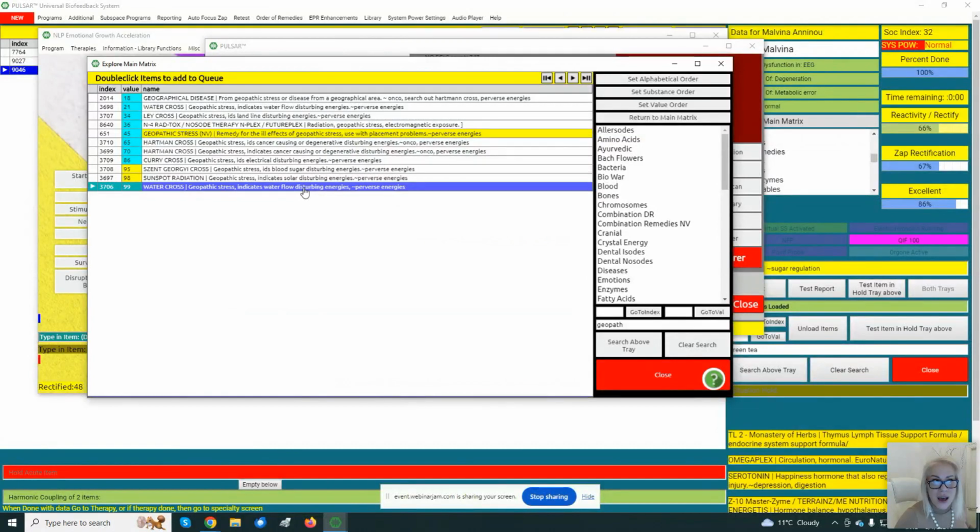Watercross, here where my office is and my home office is, there are watercross. I know that there is watercross geopathic stress underneath, because there used to be rivers around here. So it could be that too. That's coming up. So, okay, that's ways that you can see and investigate.